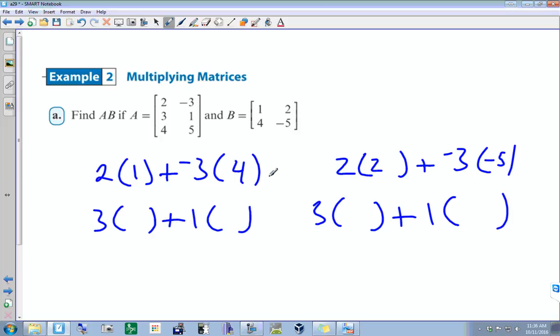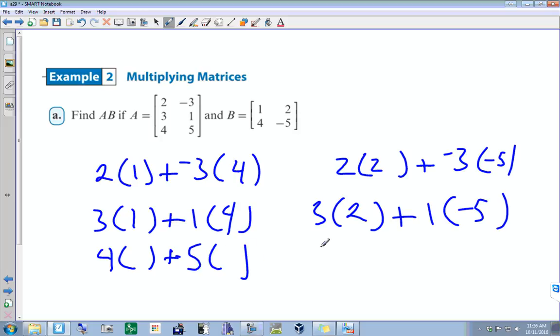Well, first column is 1 and 4, so guess what? 1 and 4. Second column is 2 and negative 5, so I put it back in the same order again. 2 and negative 5. Okay. By going and using this idea for the setup, it makes life so much easier.